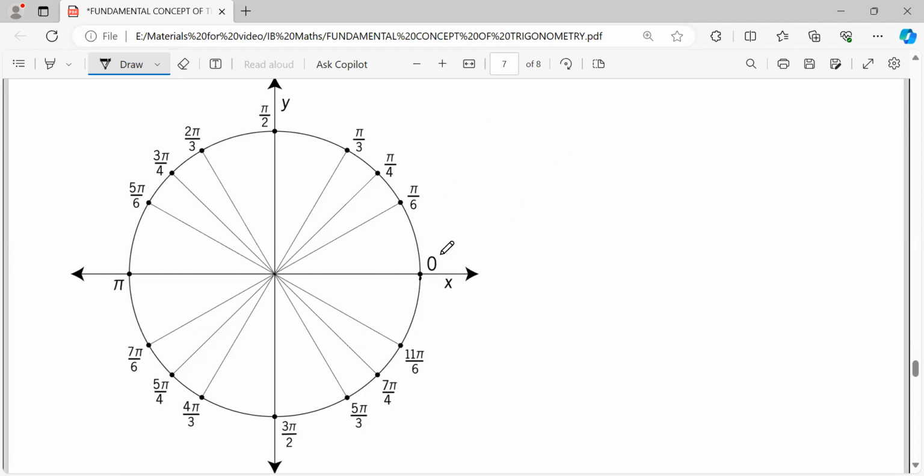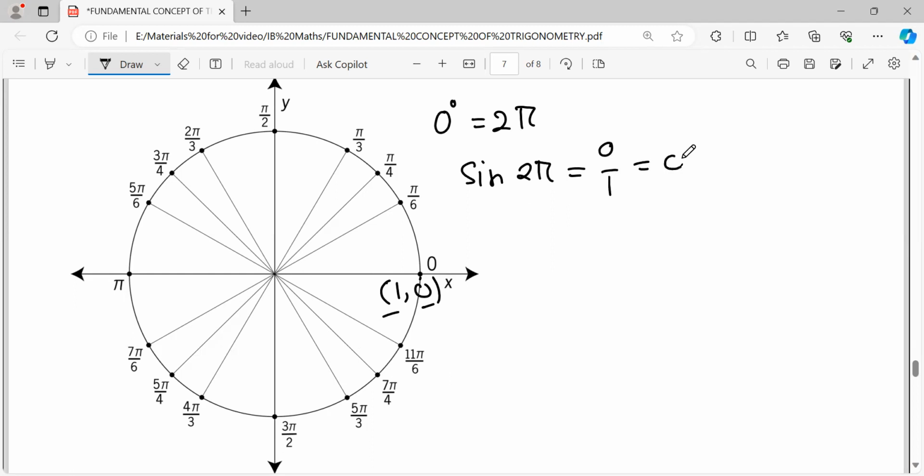The coordinate point is 1, comma 0. 0 degrees equals 2 pi. So it means sine 0 equals sine 2 pi. This is sine and cosine. Sine 2 pi is 0 over 1, which equals 0.